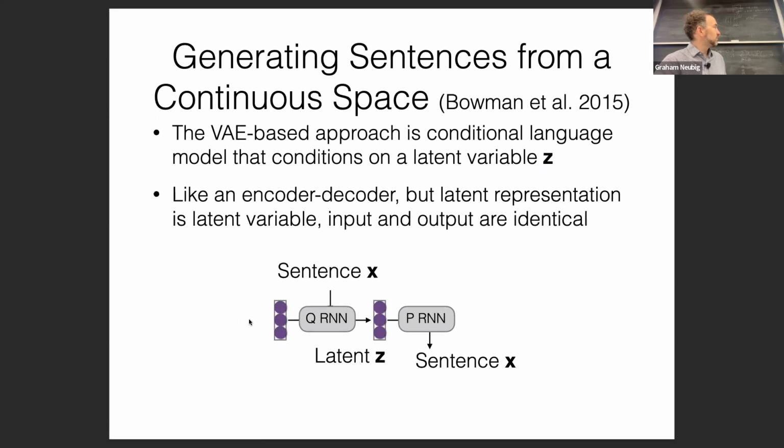Essentially, the sequence encoding model is the same: we have a sentence encoder that generates this latent variable Z, and then a sentence decoder that generates conditioned on Z.